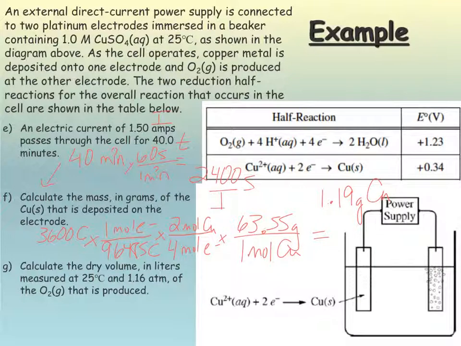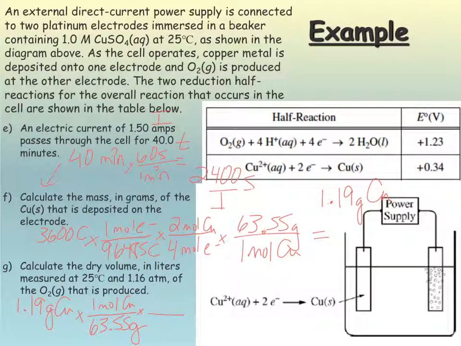All right, lastly, we need to calculate the dry volume in liters, measured at 25 Celsius and 1.16 atmospheres, of the O2 that is produced. If I know that I have this much copper, I can determine how many moles of oxygen I have. First I'm going to get my conversions going, getting out of grams into moles.